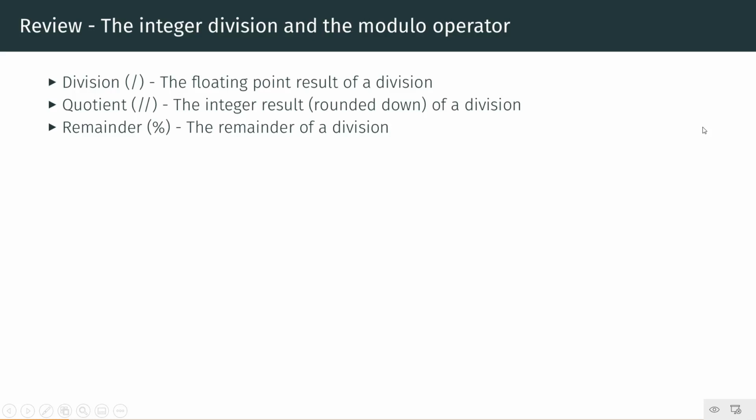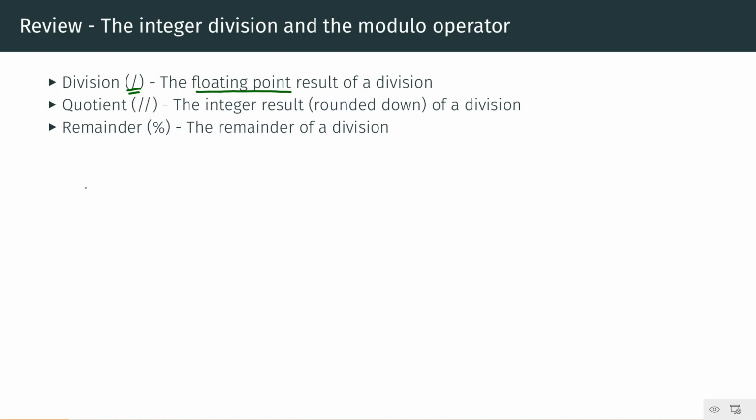Now, before we move forward, let's do a quick review of the operators that you have in Python that help you do divisions, right? There are three main operations that we deal with when we divide numbers. The first one is a normal division, which is represented by the slash, and this gives you a floating point result.